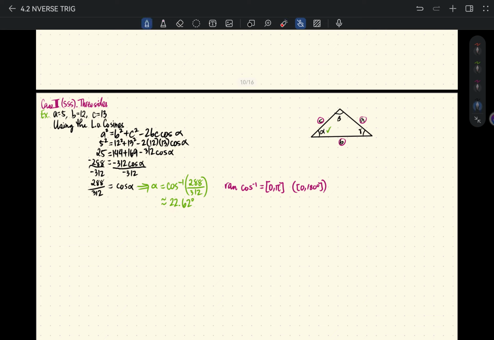So I want to use again law of cosines to find another angle. So we can use law of cosines again. Maybe I can leave it as a remark here.